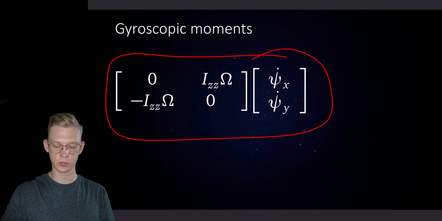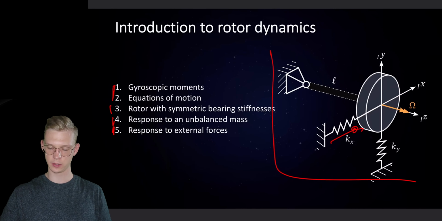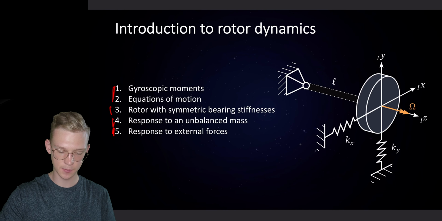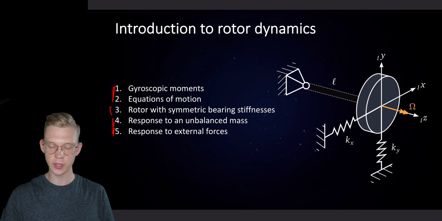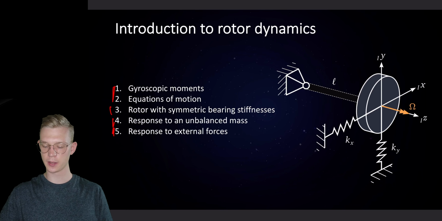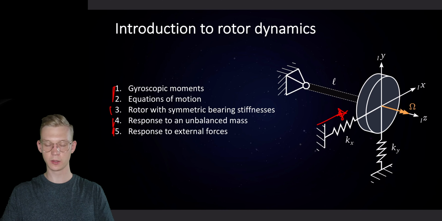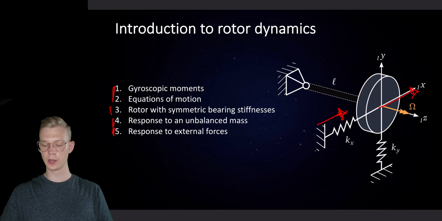So we have those gyroscopic moments. And what they actually do, this is the part that we talked about in the first video, is that there is a certain excitation frequency coupled with the right rotation frequency such that if we're trying to push our rotor in the x direction, it will actually just move up.